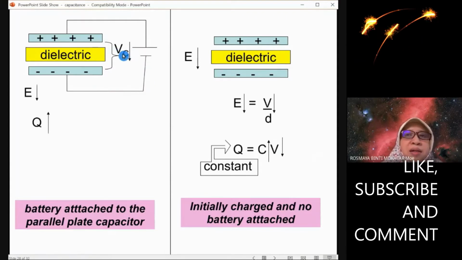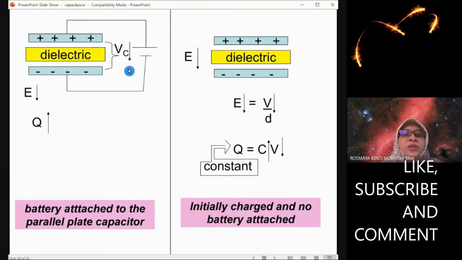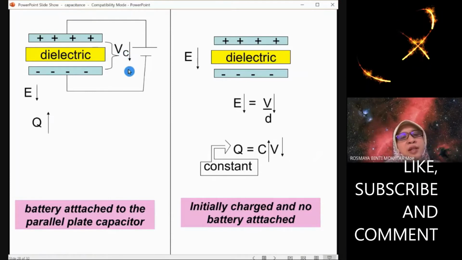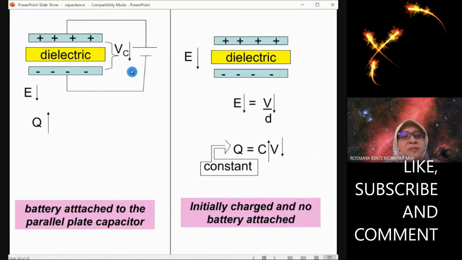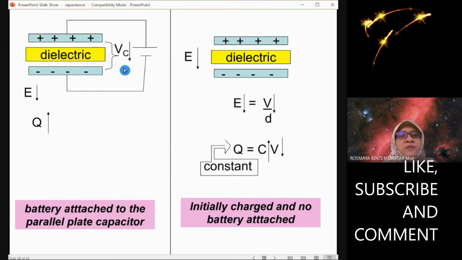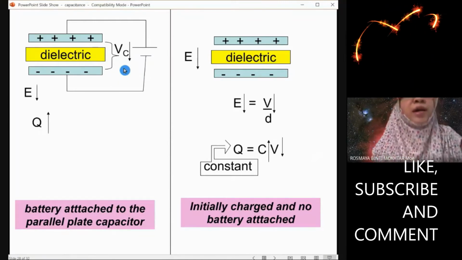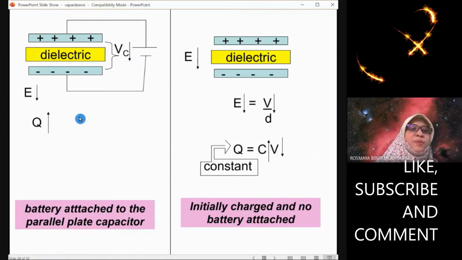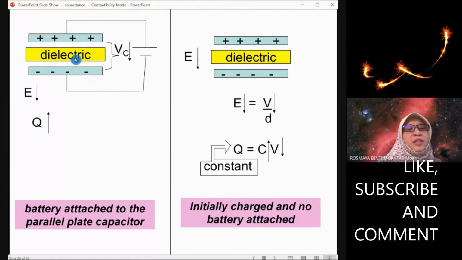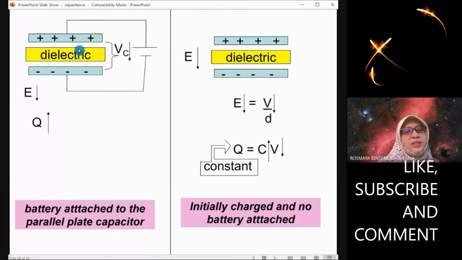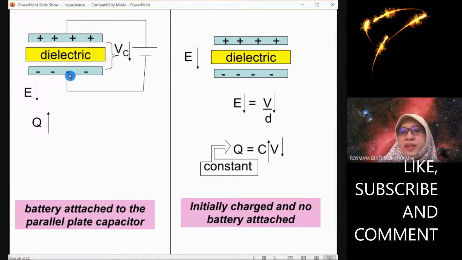It is the same as water: water flows because of different pressure in two places. For the current, the different potentials mean a different potential difference, so more charge flows. So Q increases, the charge in the capacitor increases. Understand or not?